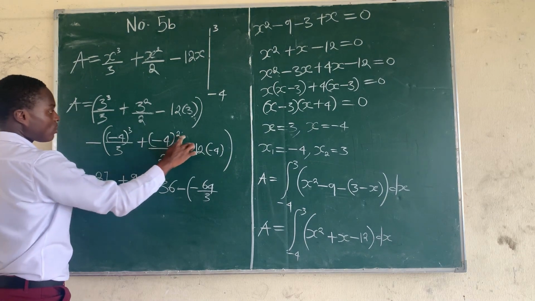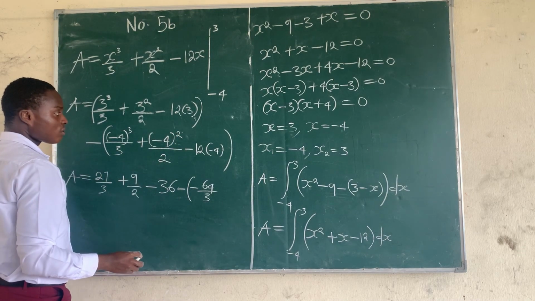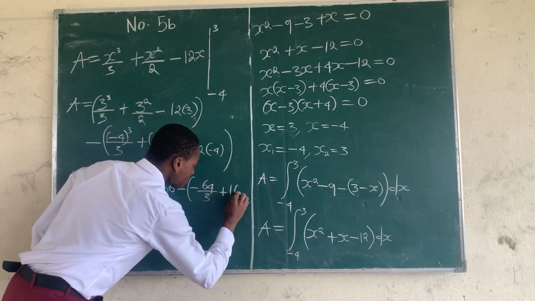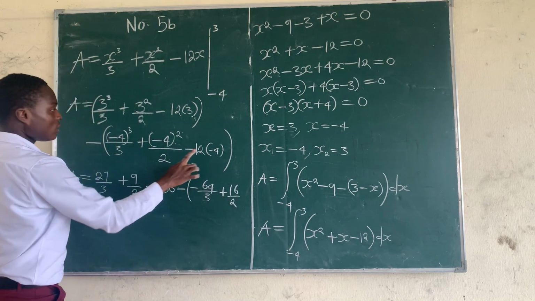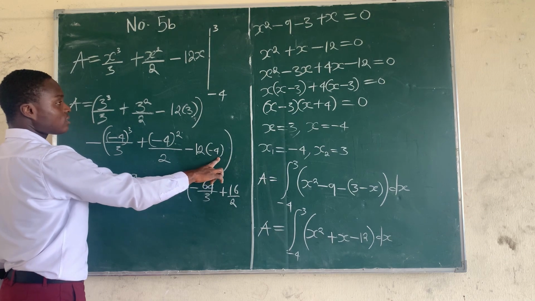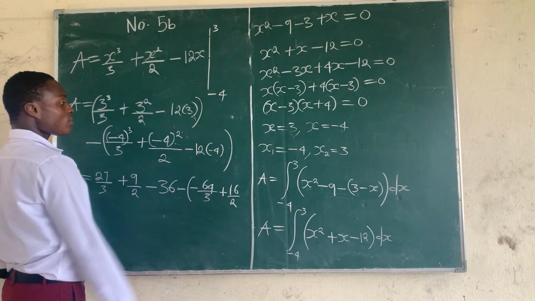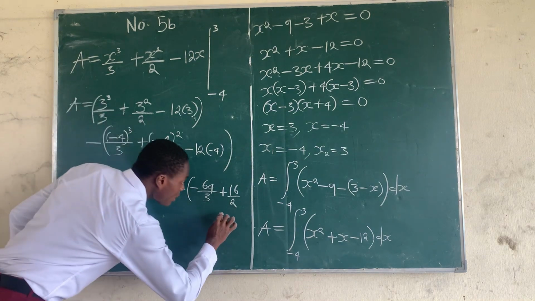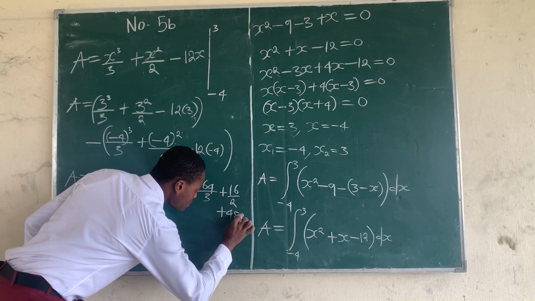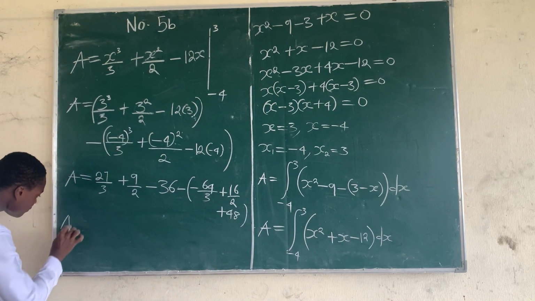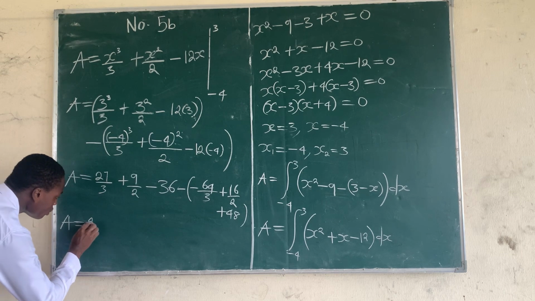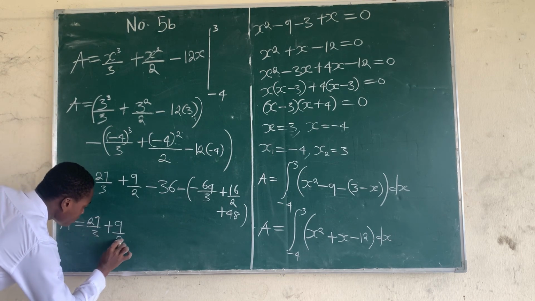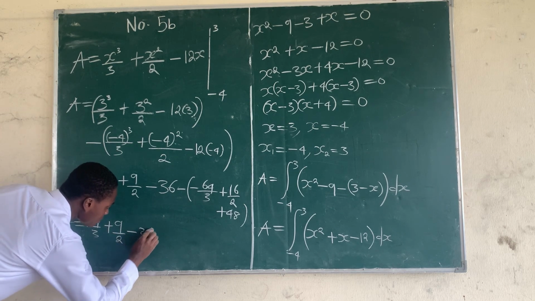And what about here? We have minus 4 to the power of 2 gives us 16. So we have plus 16 over 2. Then minus 12 times minus 4 gives us plus 48. So we have plus 48 here. So we open the bracket. We have the area being equal to 27 over 3 plus 9 over 2 minus 36.